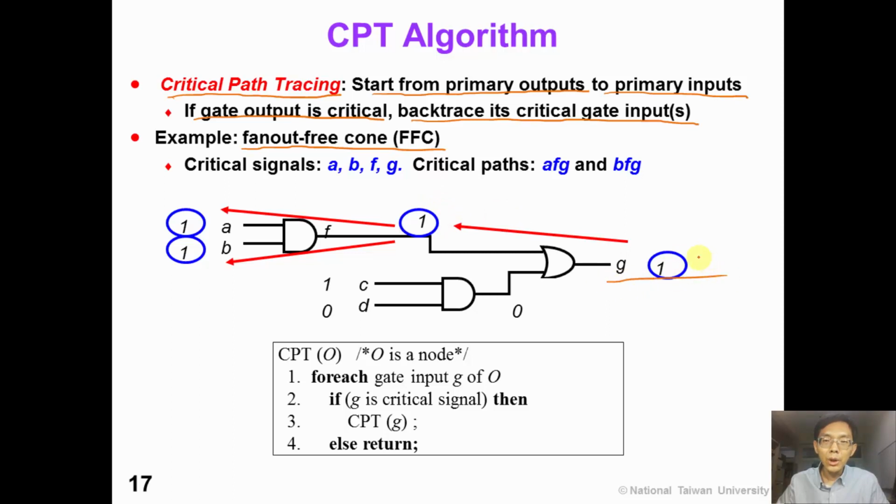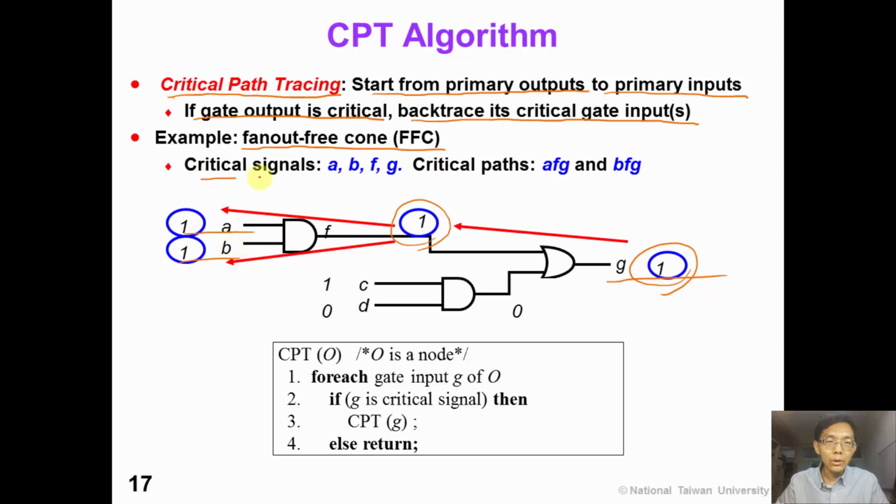Suppose that G is a primary output, so of course G is critical. Then we trace its critical gate input. This one is a critical signal, and for this AND gate, both A and B are critical signals.